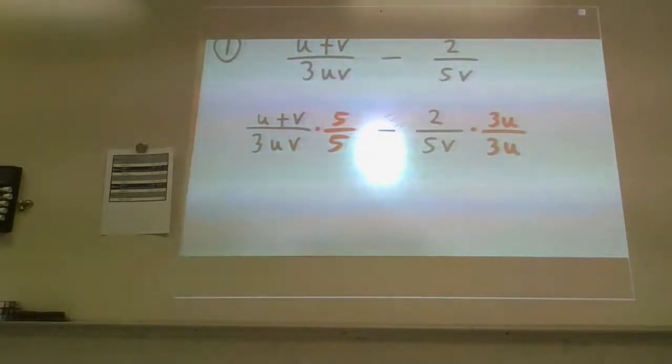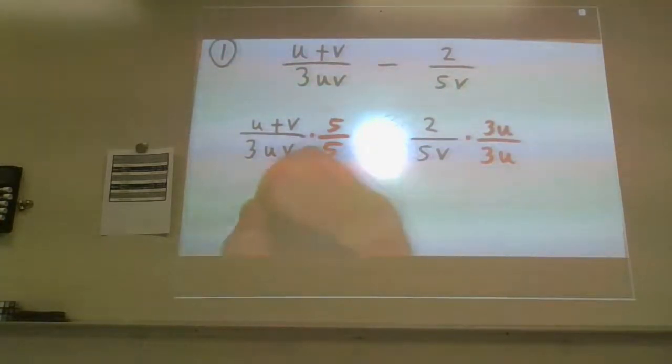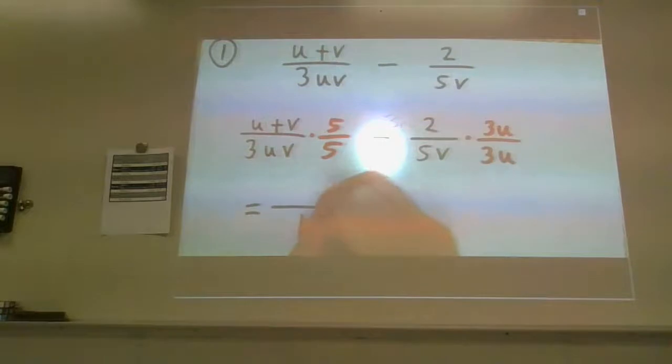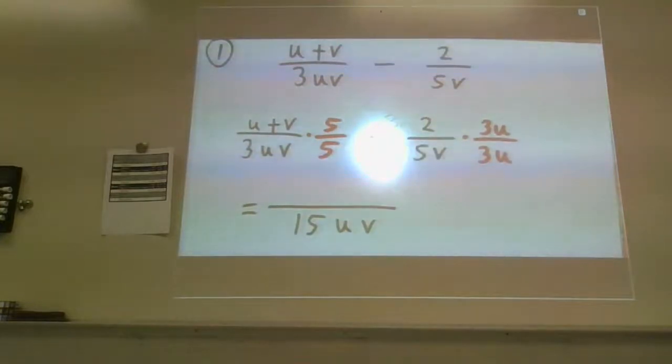But I also noticed, as I mentioned earlier, that the second fraction did not have a u in the denominator. It was missing a u. It was missing that component that would force a common denominator. In the end, my common denominator is going to look like that, 15uv.